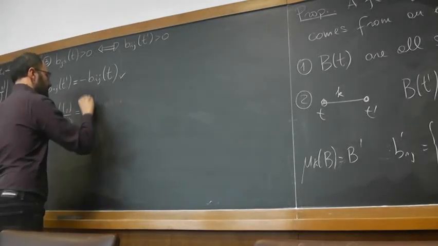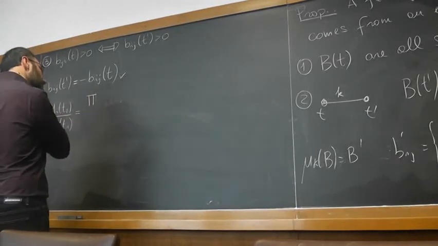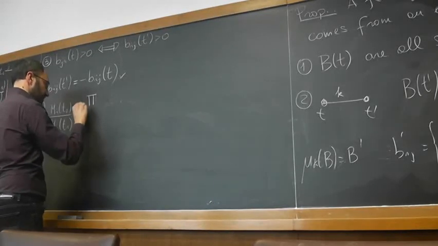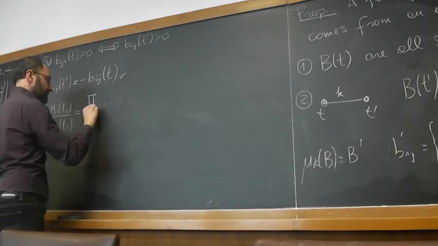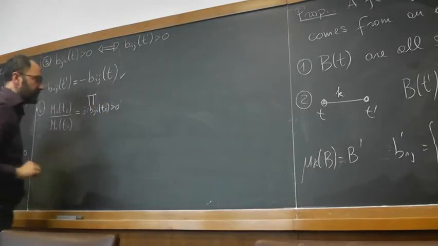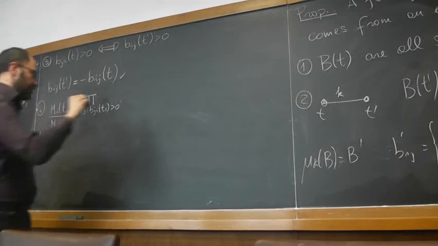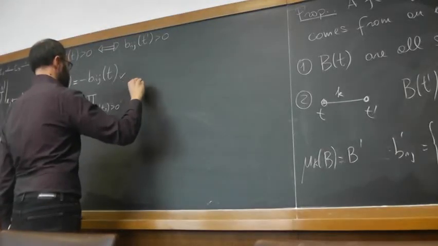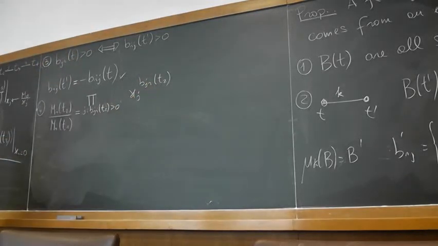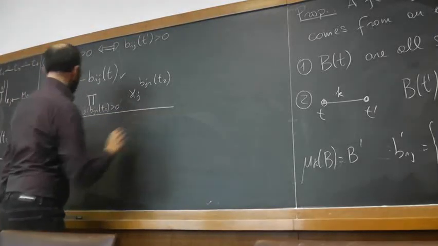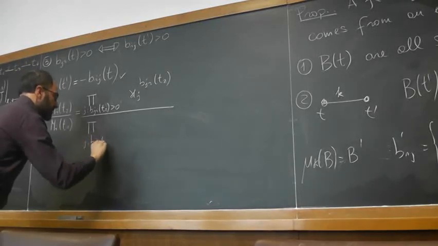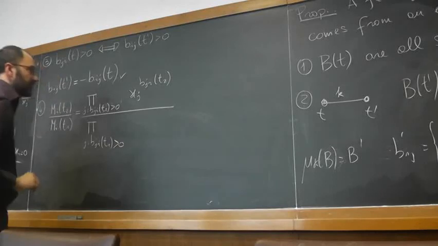This is the product over j such that b_jit2 is positive of x_j^{b_ji}, and below we have the product over j such that b_ji of t1 is positive of x_j.